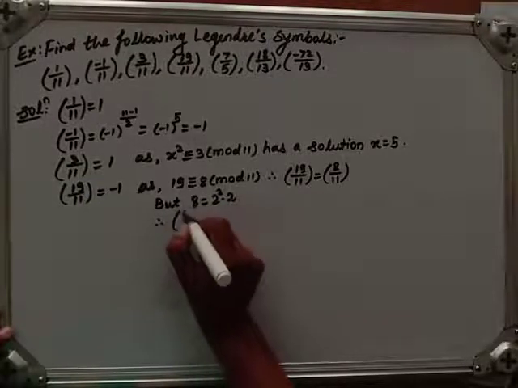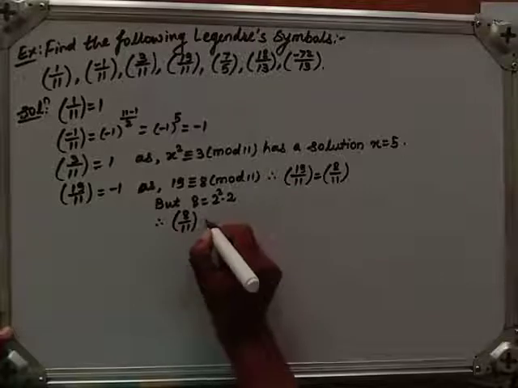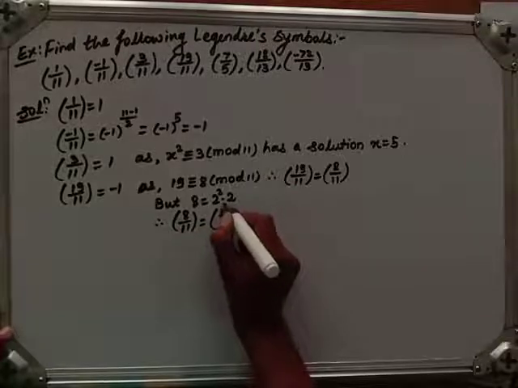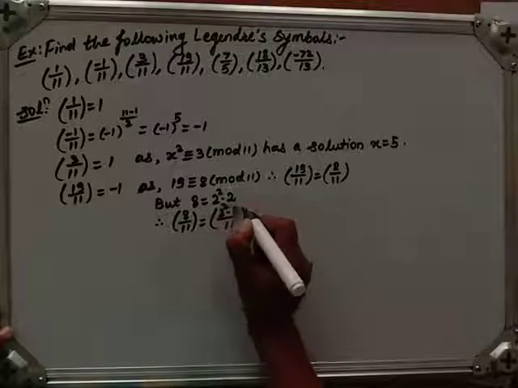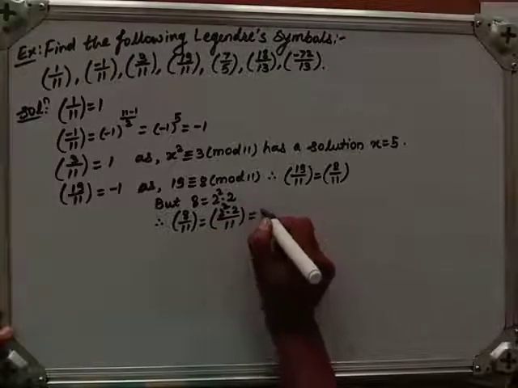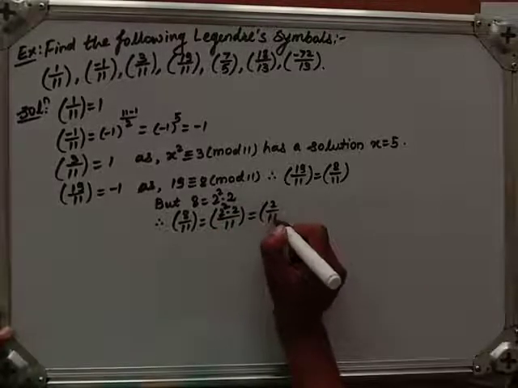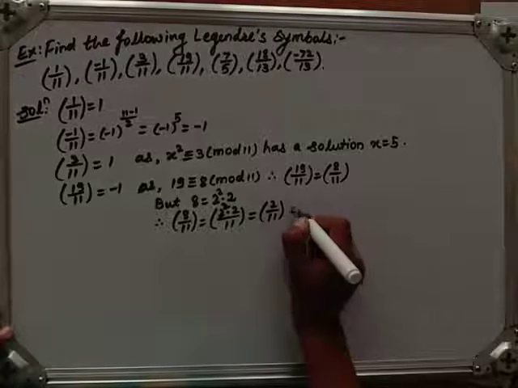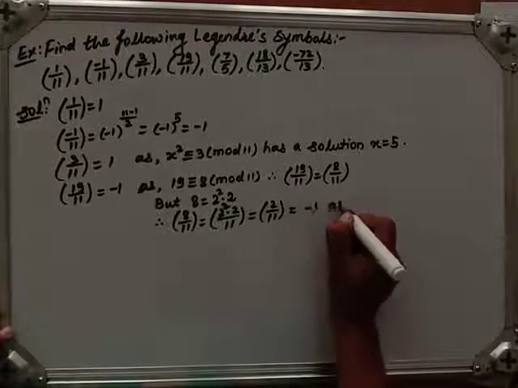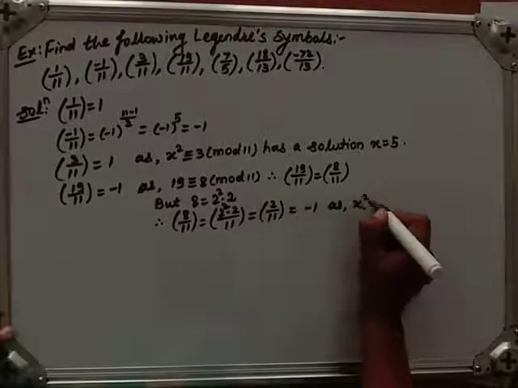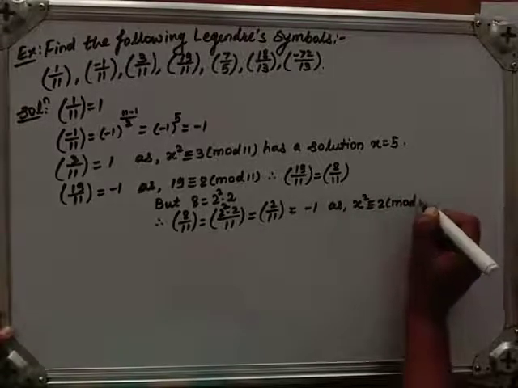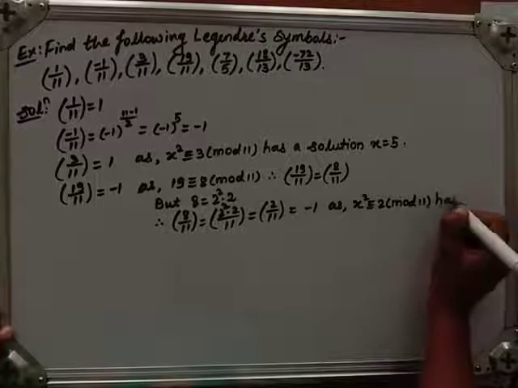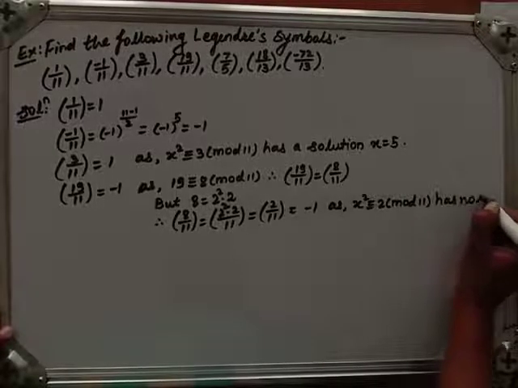Therefore, Legendre symbol of 8 by 11 is the same as Legendre symbol of 2 square times 2 by 11, which is Legendre symbol of 2 by 11, and that is minus 1, as x square congruent to 2 modulo 11 has no solution.